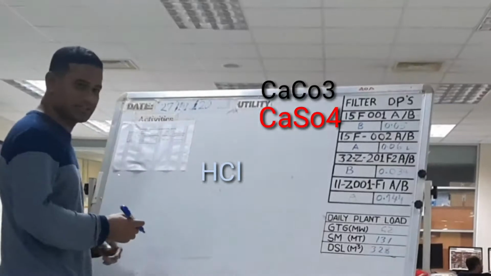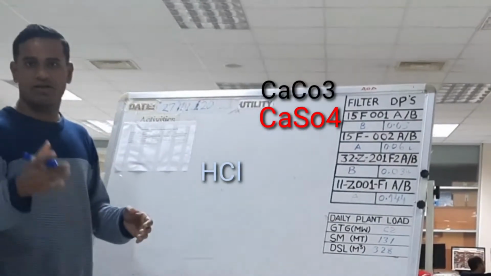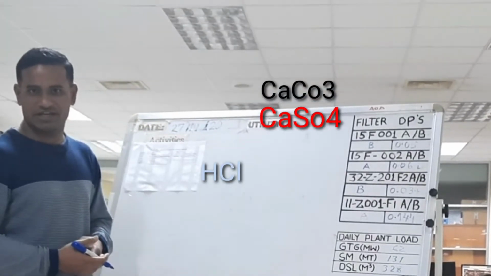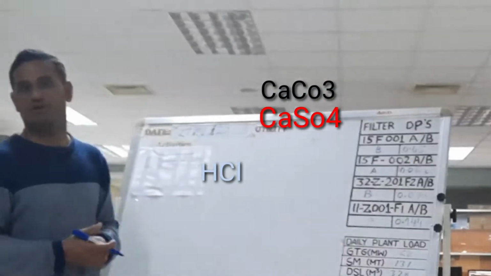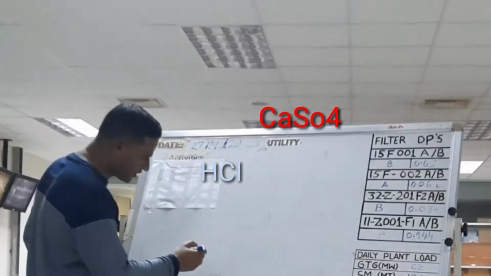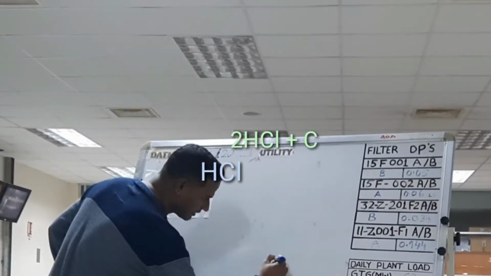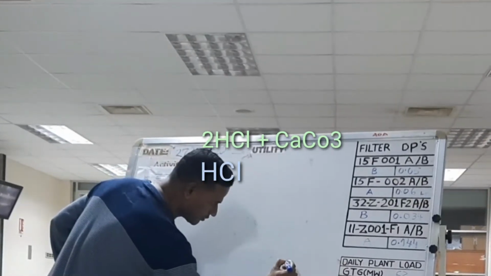Hydrochloric acid reacts normally at high temperature, more than 60 degrees centigrade, and we will maintain vacuum pressure. Hydrochloric acid will react with calcium carbonate. So what will happen?